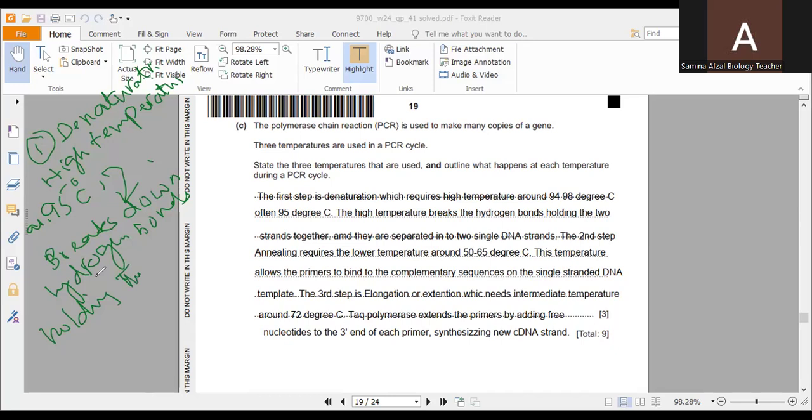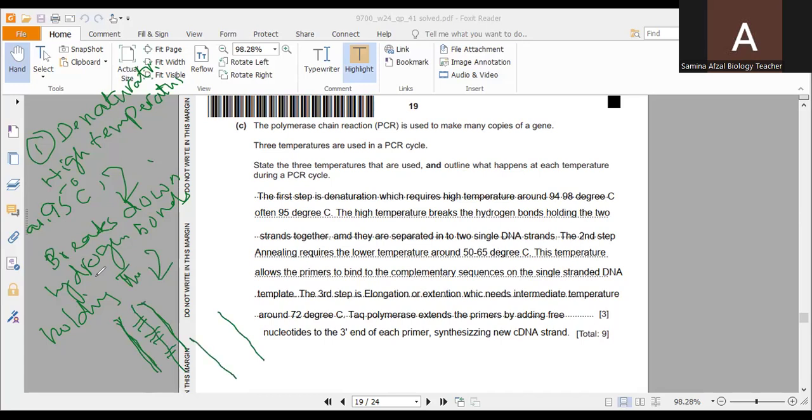So this results in the separation of DNA into two single strands. So the bonds between them will break down, and as a result there will be two strands of DNA. They will get separated from one another.